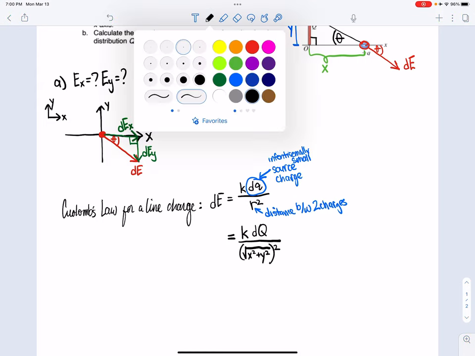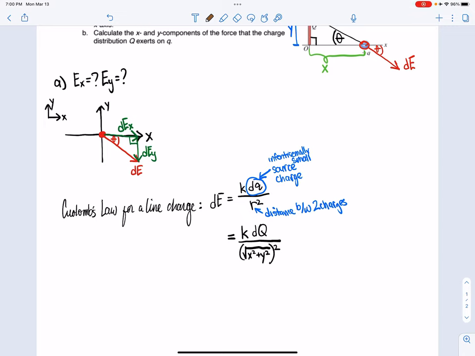Okay, so we'll call this side quest 1. If the linear charge density gamma is equal to Q over L, with this being the total charge and this being the total length.